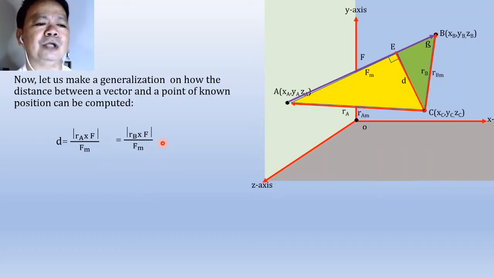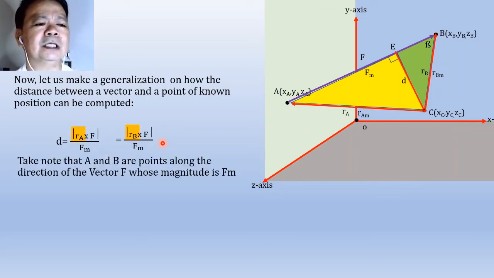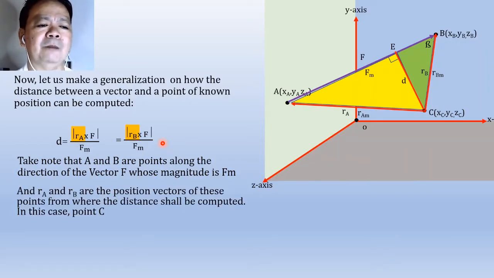Again, in this equation, I'd like to give emphasis on RA and RB, because A and B are points along the direction of the vector F, whose magnitude is F sub m. Then RA and RB are the position vectors of these points, where the distance shall be computed. And in this case, it is the point C.